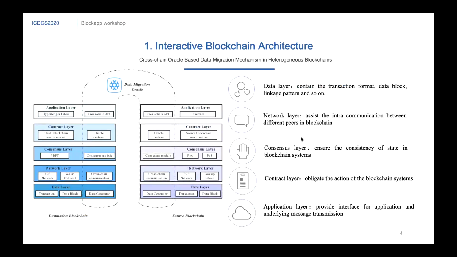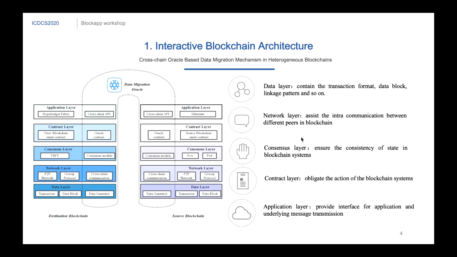The five-layer architecture is depicted in this figure, and it includes the data layer, network layer, consensus layer, contract layer, and application layer. The Oracle acts as the reliable notary between the two blockchains to play the interaction role.